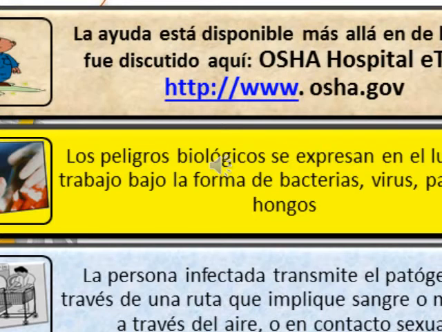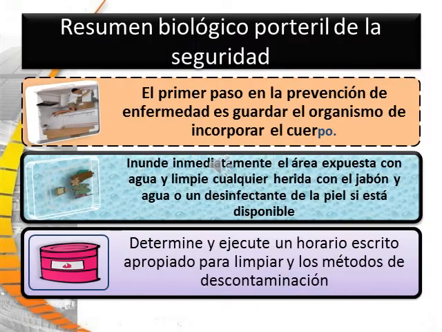An infected person transmits pathogens through a route that involves blood, mucus, through the air, or sexual contact. The first step in preventing disease is to keep the organism from entering the body. Immediately flood the exposed area with water and clean any wound with soap and water or skin disinfectant if available. Determine and implement an appropriate written schedule for cleaning and methods of decontamination.